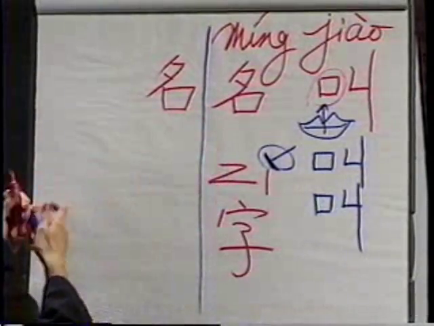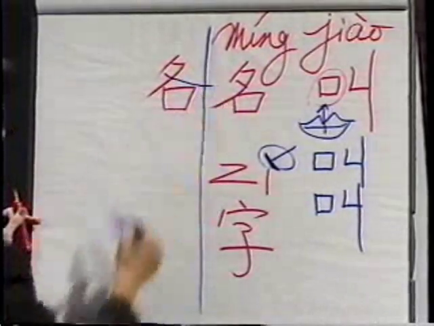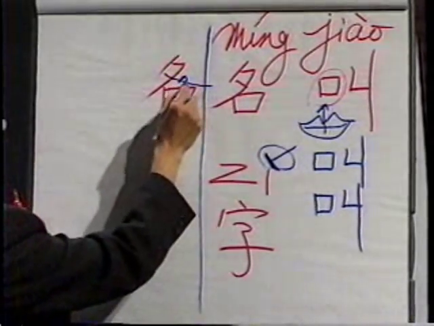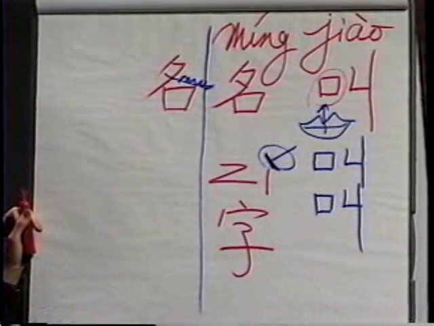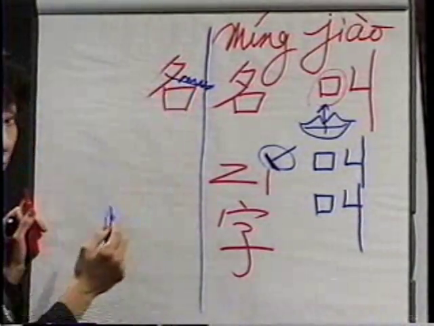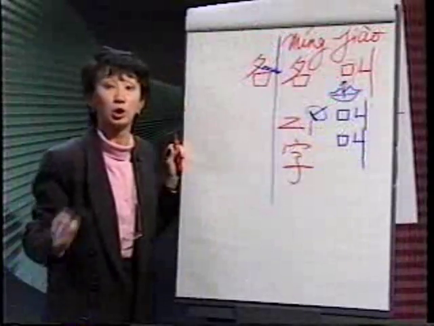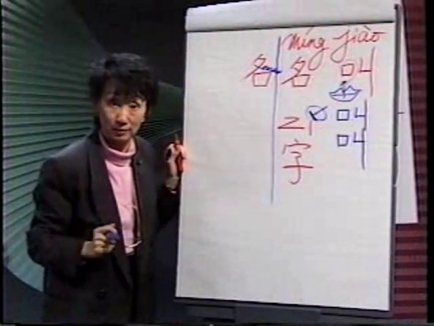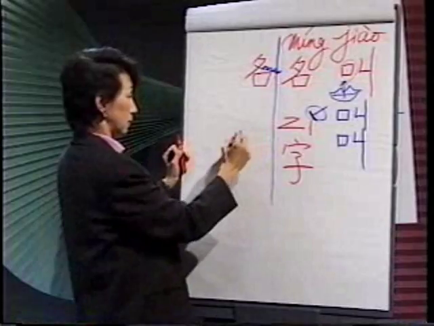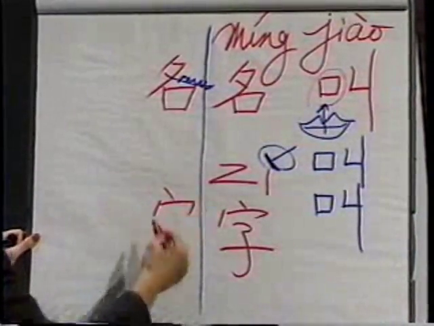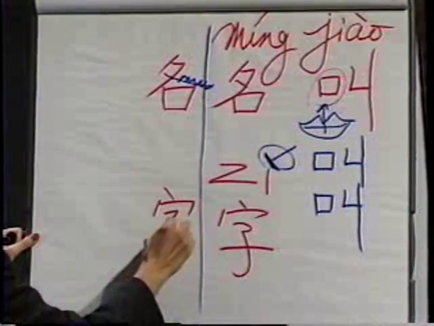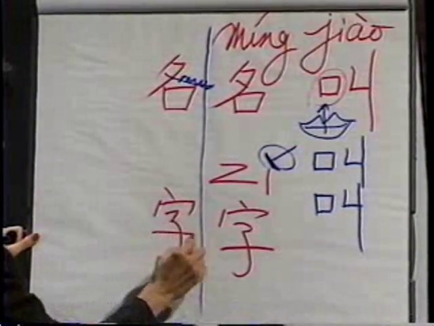Someone likes to write this line a little bit longer. Can I do that? Please don't, because that will turn it into another character, with a totally different meaning. So if you find something in the book, do exactly as shown. 字. 1, 2, 3, 4, 5, 6.